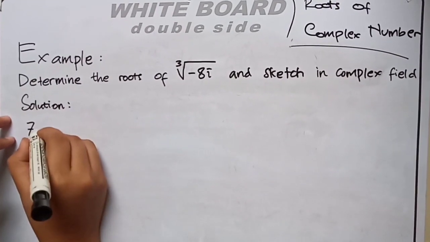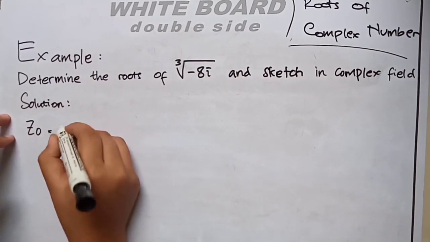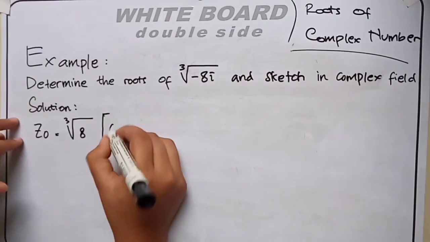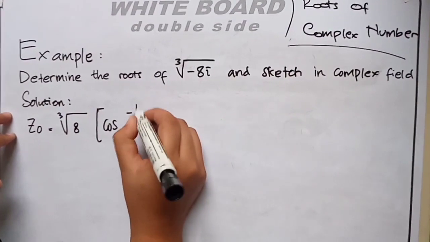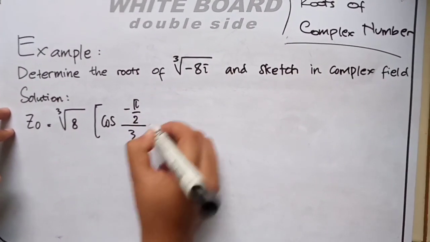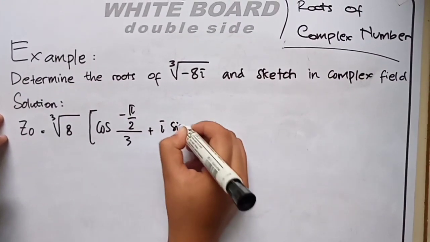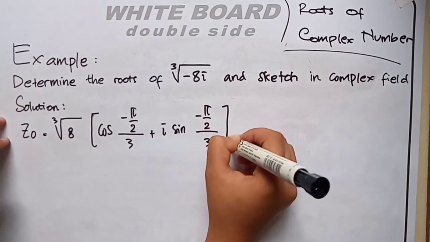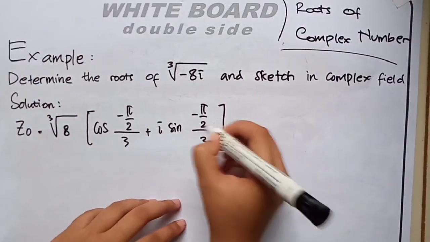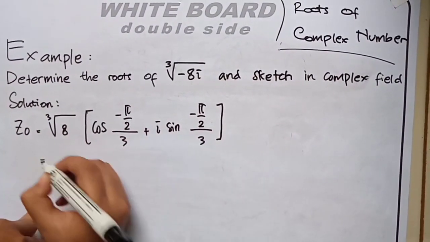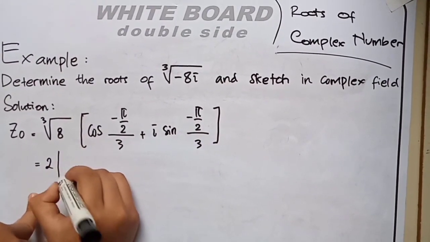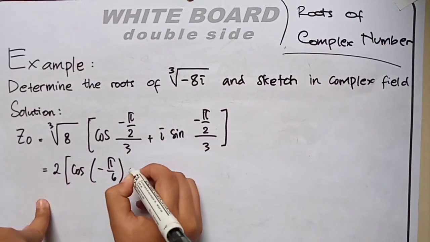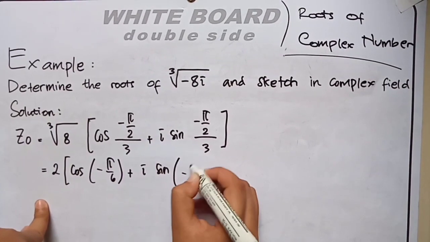For the first, for k is equal to 0, it will be cosine of negative pi over 2 over 3 plus i sine of negative pi over 2 over 3, and by operating this one we will get it is 2 cosine negative pi over 6 plus i sine negative pi over 6.